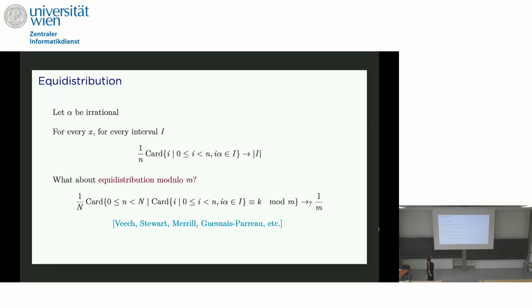So that's my main question, which will depend on the length of I, because you visit I. And it depends on alpha, and there is a rich story of characterizations of the parameters alpha, the length, for which we have such equidistribution, and things are expressed in terms of Ostrowski numeration as usual, and nice characterizations that you can find in the arXiv paper by Guénet and Parot, for instance. So that's my motivation.